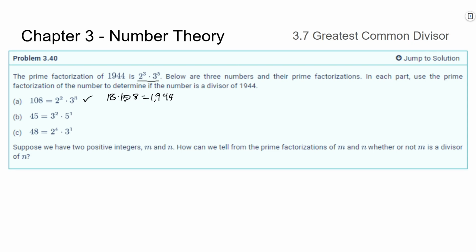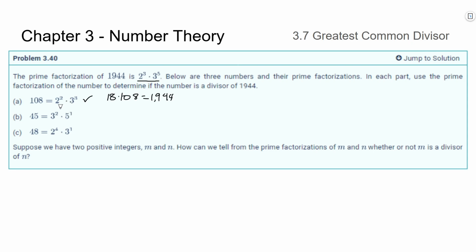All right, so 108 is a multiple or a divisor. You can kind of say either one. They're both true. They don't mean the same thing, but they are both true in this case. That 1944 is a multiple of 108, and 108 is a divisor of 1944. It's just which way you are thinking about it. I might have said 108 is a multiple. I misspoke. 1944 is a multiple of 108.